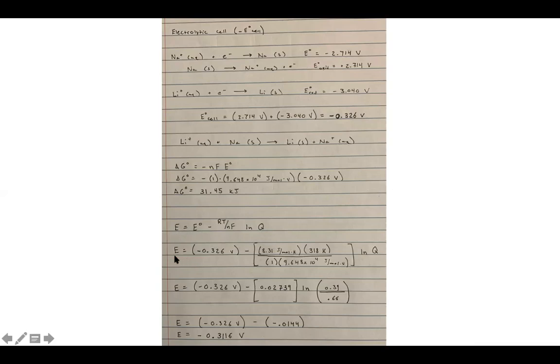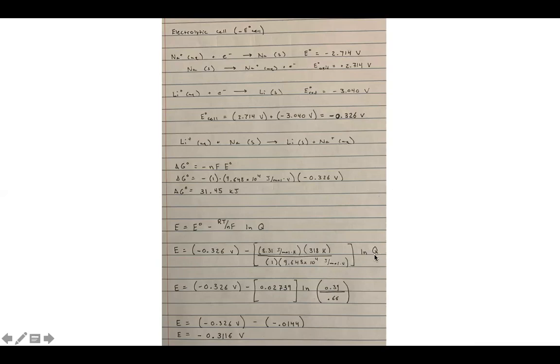My real cell potential is equal to my standard cell potential, which we solved for above, negative 0.326 volts, minus R, which is a constant, times our temperature, so 45 degrees Celsius is 318 Kelvin, divided by N, which is 1, times Faraday's constant, multiplied by the natural log of Q. When I simplify this expression and do that division, it comes out to 0.02739 times the natural log of Q.